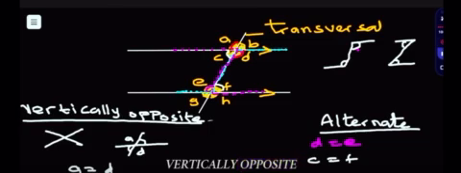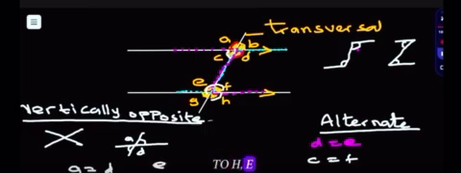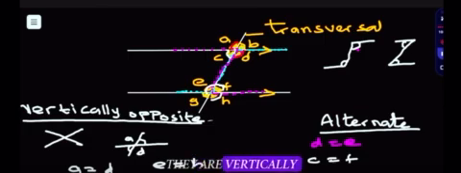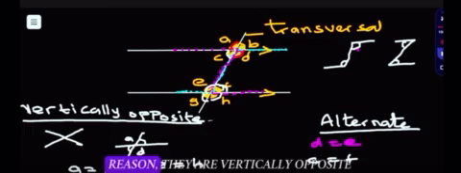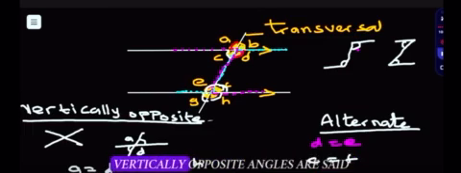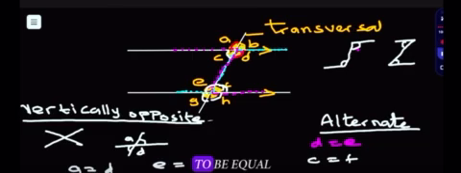They are vertically opposite. Look at the next one here. E is equal to H. They are vertically opposite. And F is equal to G. The reason is they are vertically opposite. Vertically opposite angles are said to be equal.